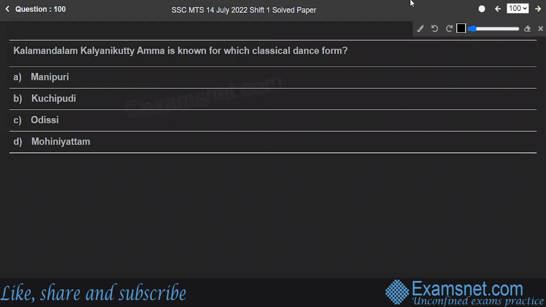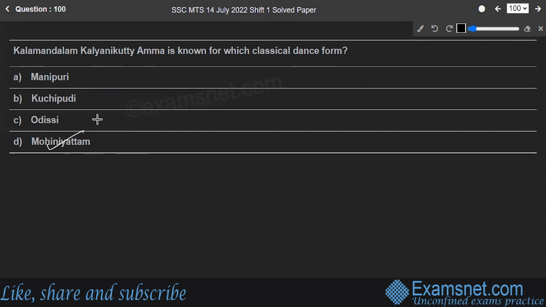Question number 100. Kalamandalam Kalyanikutty Amma is known for which classical dance form? Manipuri, Kuchipudi, Odissi, or Mohiniyattam? Well, Kalamandalam Kalyanikutty Amma is known for Mohiniyattam, classical dance form from India.